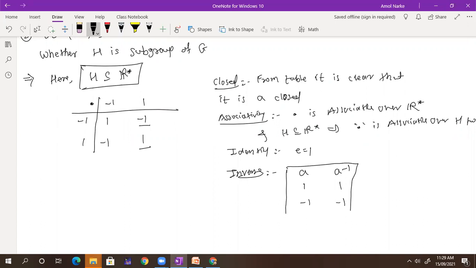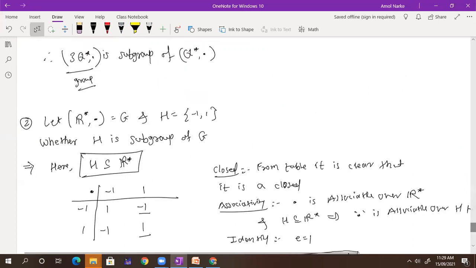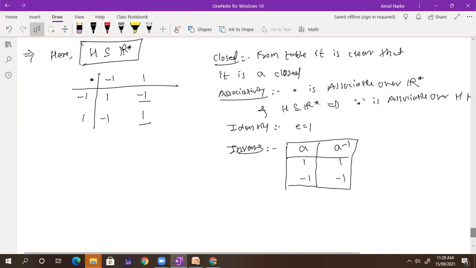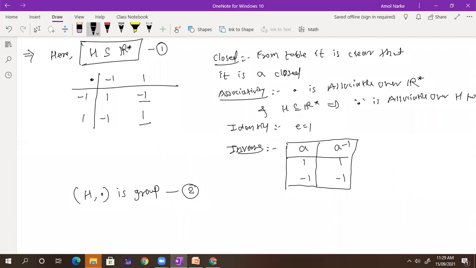With the same operation that we have on the group R star, we just showed that H with the same operation is a group. What is the definition of a subgroup? The first condition is that it should be a subset, and the second condition is that it should be a group in itself with the same operation.